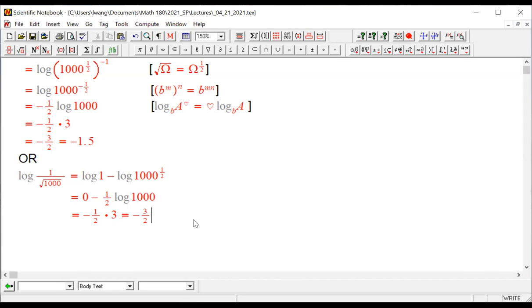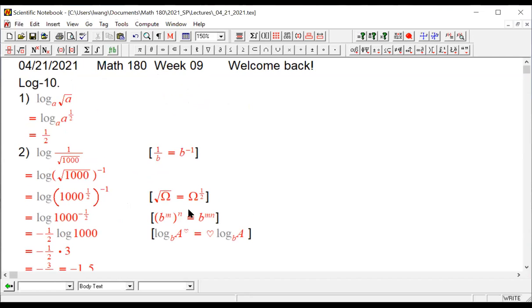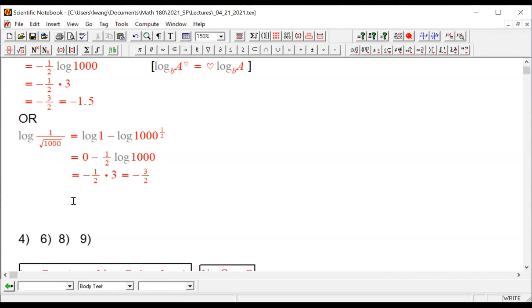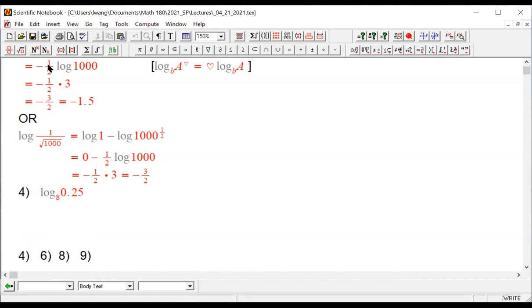All right, so let's look at number 4. I believe some of you have done number 4, right? Log base 8 of 0.25, without a calculator. On this set, we ask you to do them without using a calculator.